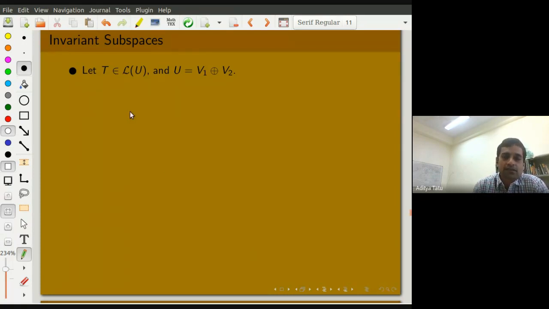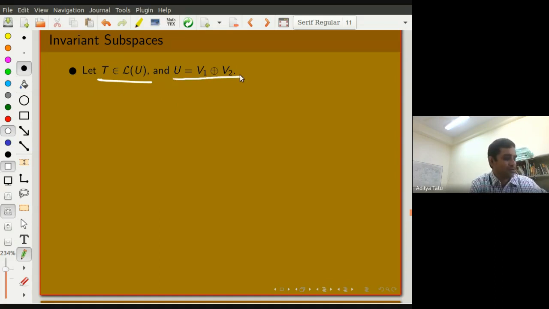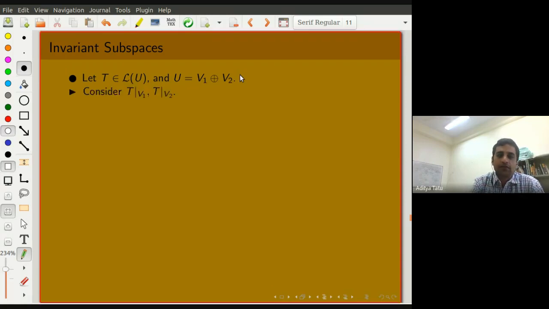Let T be again a linear operator, and let us say U can be written as a direct sum of two subspaces V1 and V2. Now T is a linear transformation from U to U. Instead of that, assume that I am allowed to operate T only on vectors coming from subspace V1.